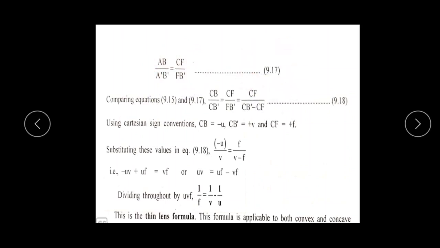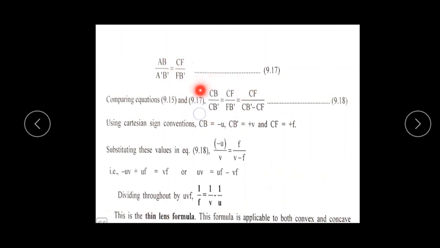Now comparing equation numbers 9.15 and 9.17, the LHS is the same in both, that is AB divided by A dash B dash. Hence, if the LHS are equal, obviously the RHS are also equal. In 9.15, the RHS is CB divided by CB dash, and in 9.17, the RHS is CF divided by FB dash.